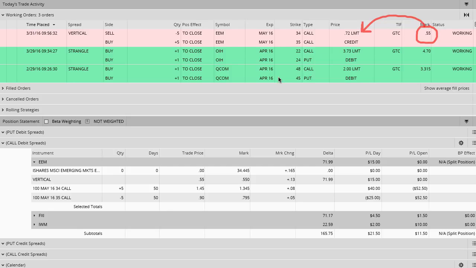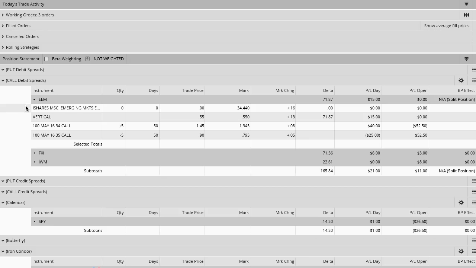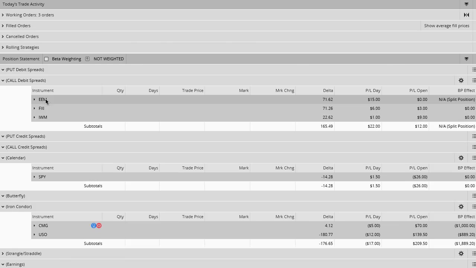As long as this order keeps working for the next basically 50 days, whenever we have an opportunity to take money off the table, this order will automatically get us out. I don't really have to think about this trade anymore because I've already controlled my position size. I know that I'm willing to lose about $150 on this trade if it doesn't work out, but it should hopefully hit that profit target.